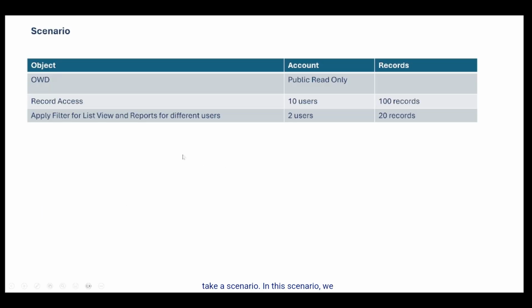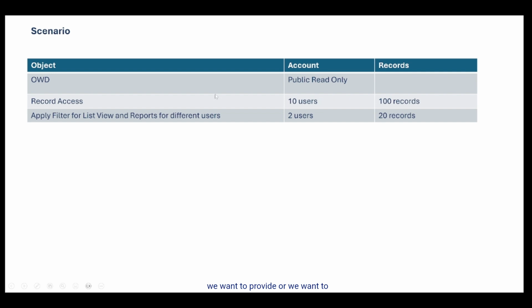Okay, let's take a scenario. In which scenario should we use the scoping rules? For example, we have an account object and the OWD is public read only, and we have 10 users, and through the OWD or the sharing access we have provided access to 100 records to these 10 users.